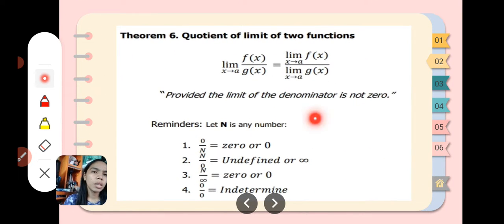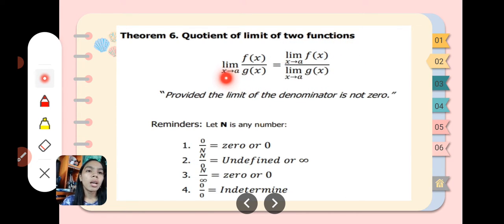So next is the quotient of limits of two functions. For this one, we have a numerator and denominator.